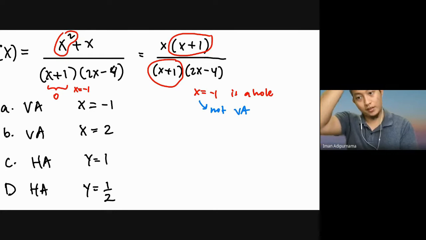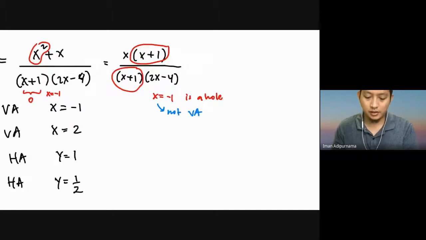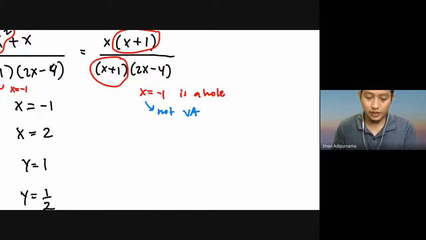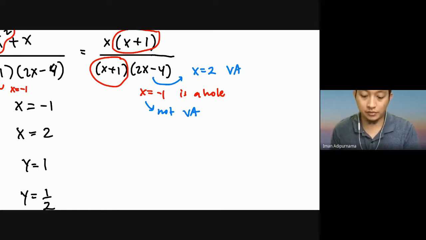This was in the previous slides in yesterday's course, where I told you about common factors. And we have another one here, x equals 2, that will be our vertical asymptote.